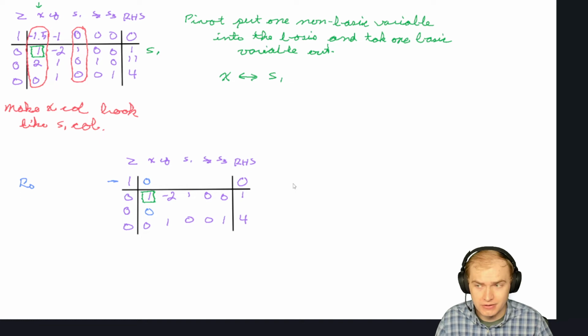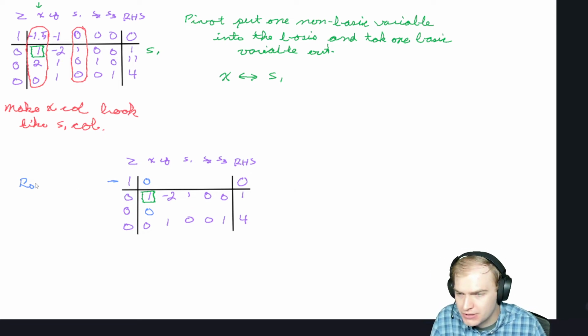I'm going to index on 0 so that when we talk about row 1, 2, and 3, those correspond to row 1, 2, and 3 of the matrix A. So row 0 is going to equal row 0 plus 1.5 row 1. So I want to cancel out this 1.5 up here. We have a 1. So all I need to do is multiply by 1.5 and add them together to get a 0.